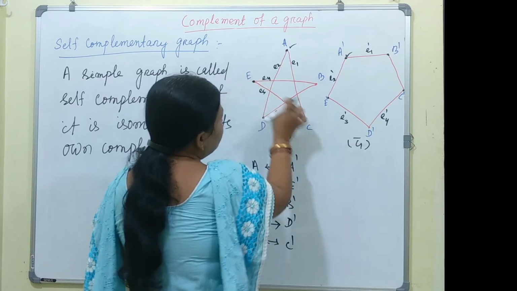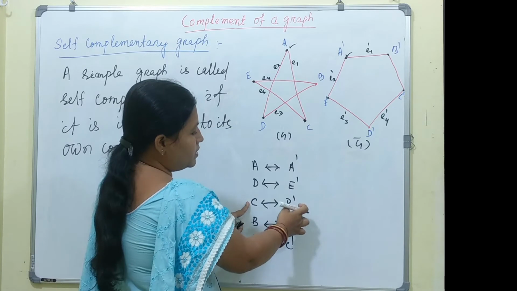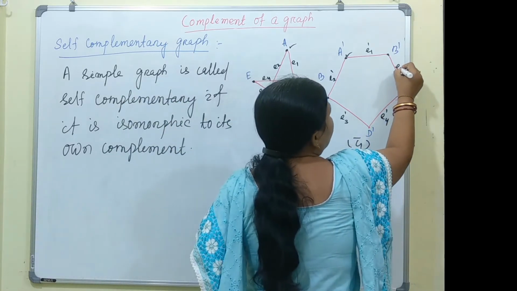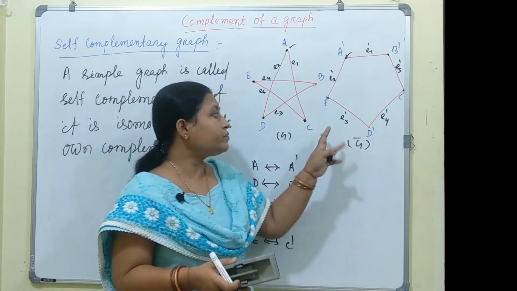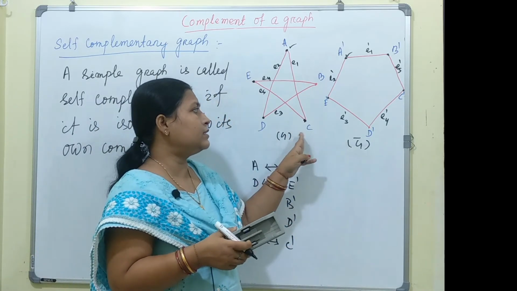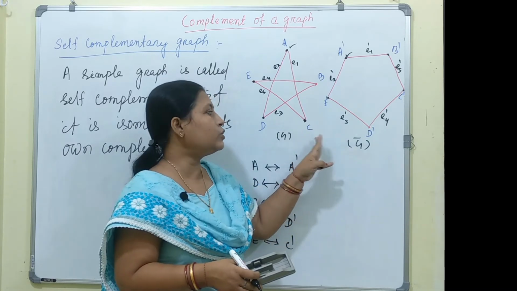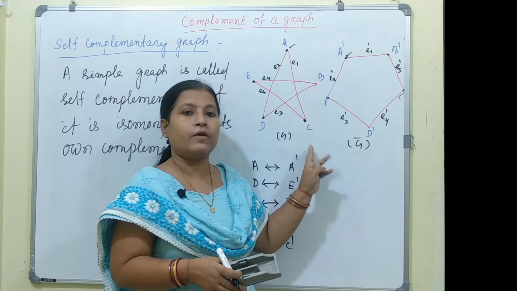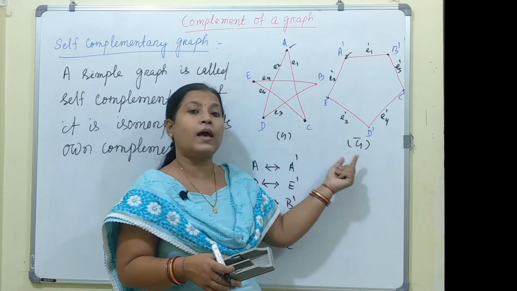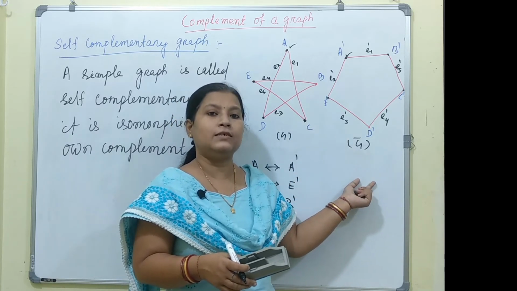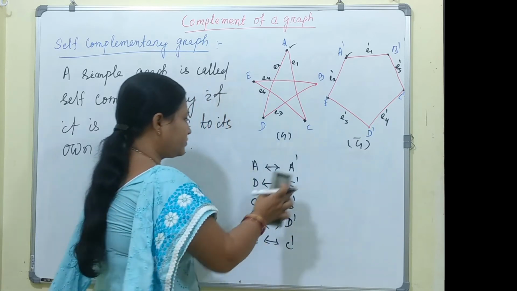Next E5, EC is E5, so B dash C dash is E5 dash. So we checked that these two graphs are isomorphic, and these two graphs are complements. So it is the complement of this graph, and G is also isomorphic to G bar. So G is a self-complementary graph.